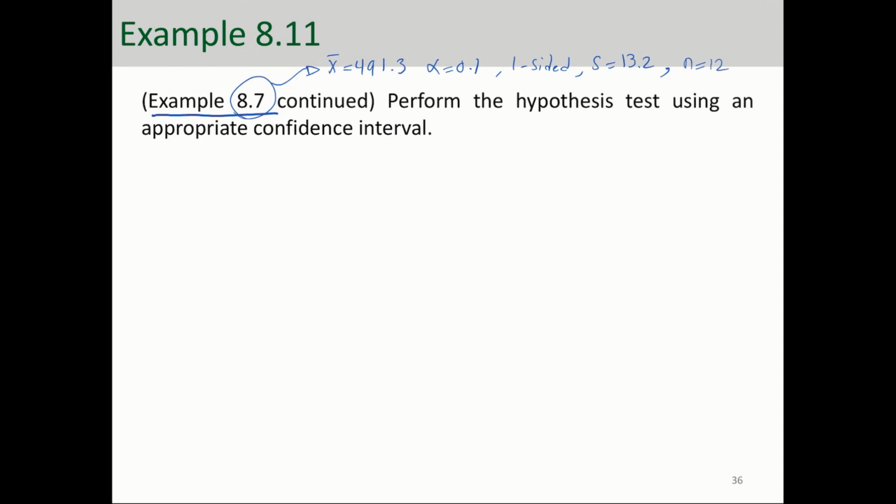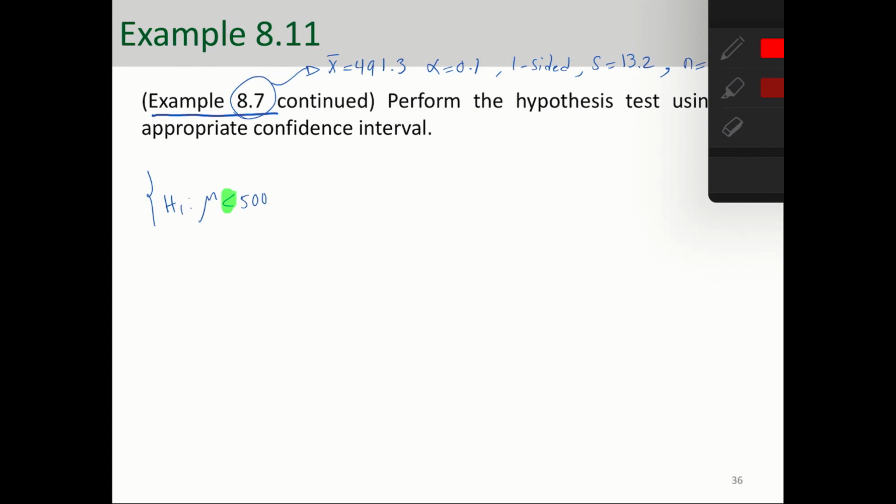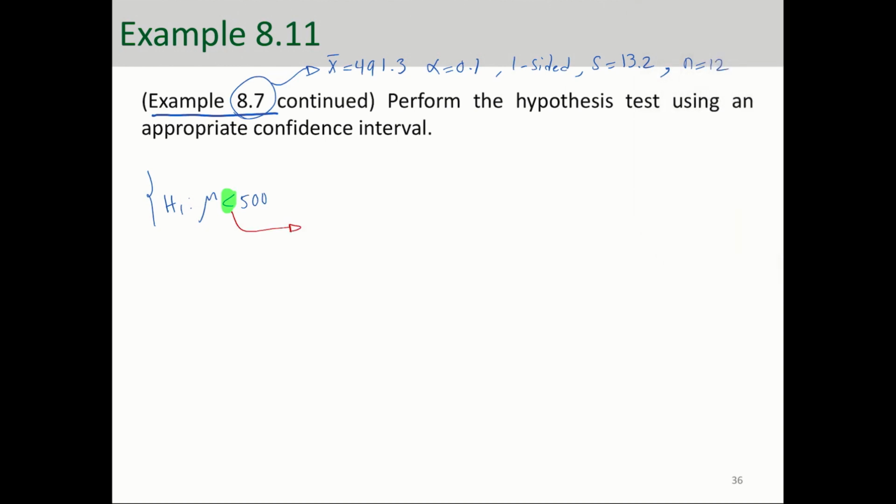And because the alternative hypothesis was mu is less than 500, we're going to calculate the upper confidence limit, and the lower limit is going to be negative infinity. Upper limit is x bar plus t of alpha and n minus 1 times s over square root of n.